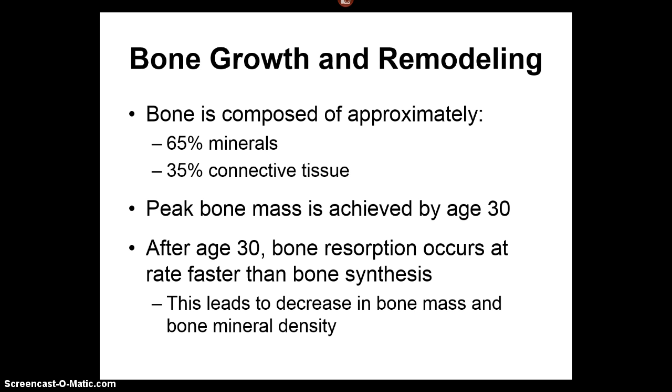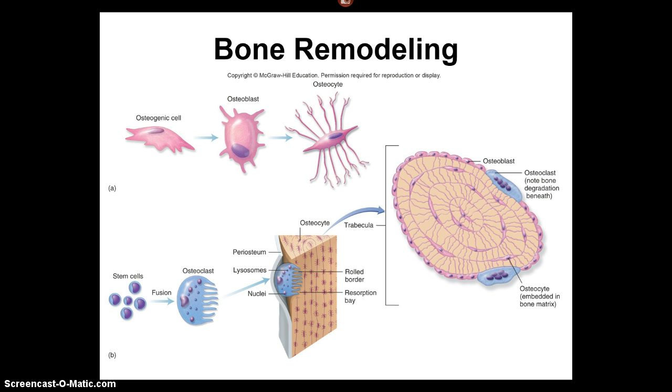One of the things that's important to note about bone mass is that we pretty much build bone until about the age of 30, and then after that we actually are absorbing more bone than we're making, and so that can lead to a decline in our bone mineral density. The next slide just shows how those osteogenic cells turn into osteoblasts or osteocytes, depending on what the body needs, and how that works to help reabsorb bone. I wouldn't get too concerned about this.